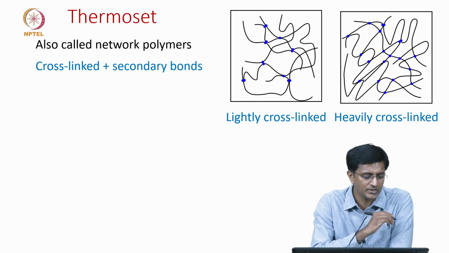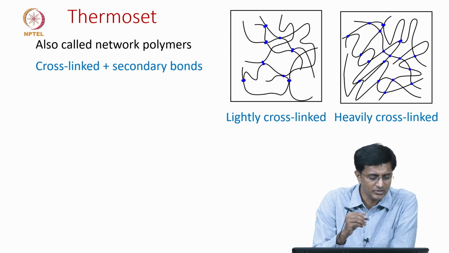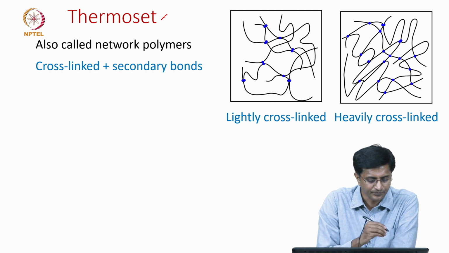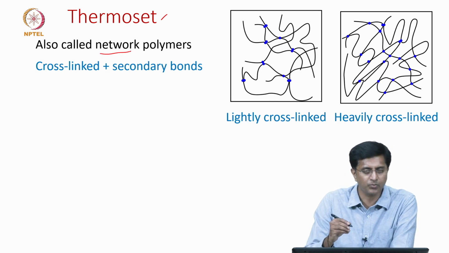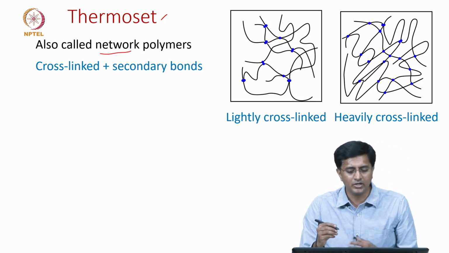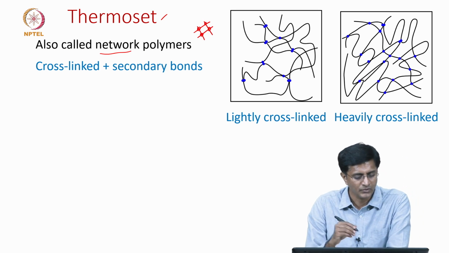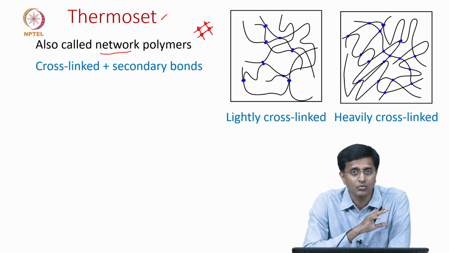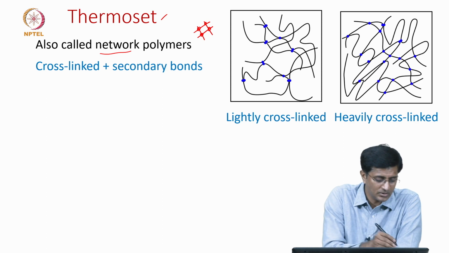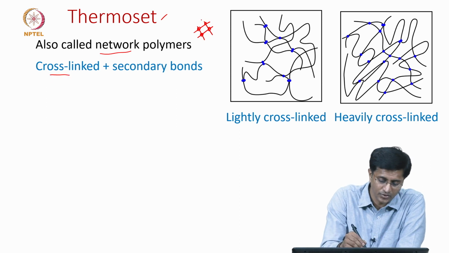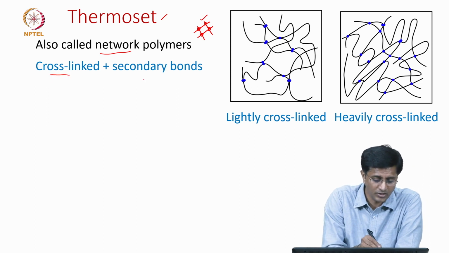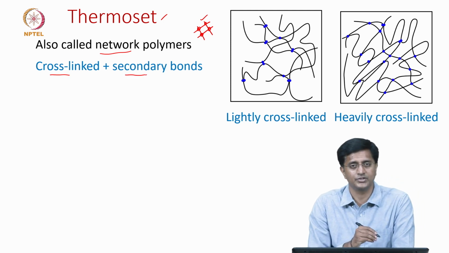Now let us move on to the second category, which is the thermosets. They are also called network polymers, because usually they form a network with covalent bonds. The kind of bonds between polymer chains is cross-linked, as already shown here, but in addition to the cross-links they also have secondary bonds.